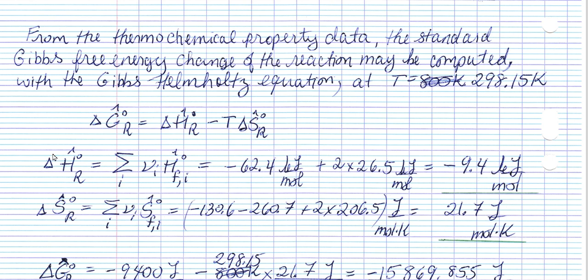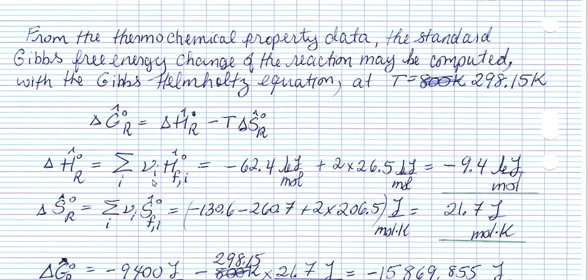of formation were given. The delta H of the reaction is equal to the summation over all the species i of nu sub i multiplied by the standard enthalpies of formation of each species. The nu sub i are simply the stoichiometric coefficients of each species. So for hydrogen, nu sub i is -1.